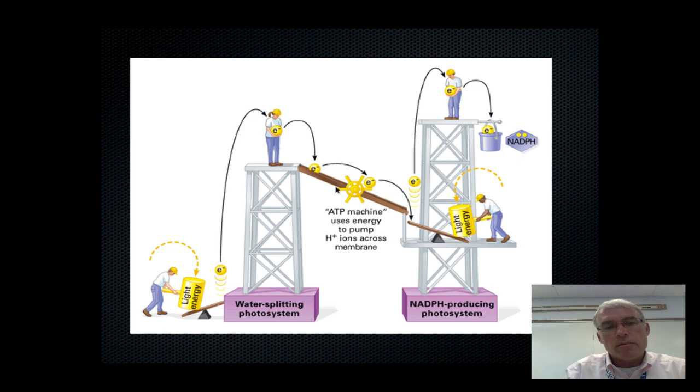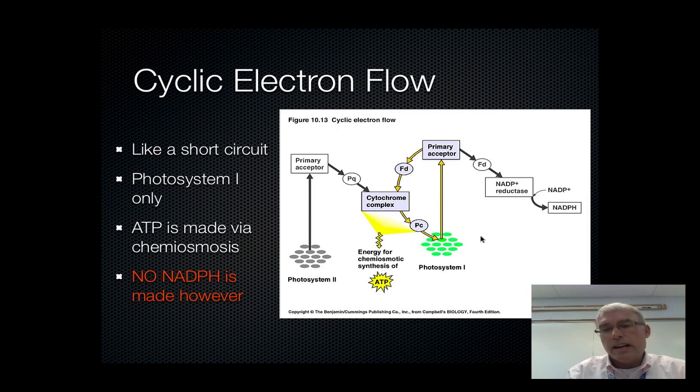That electron, remember, is coming from photosystem 2, which is getting its electrons by splitting water. These electrons then roll downhill and turn a chemiosmotic wheel, so to speak, to generate some ATP. Then they get bounced uphill again and finally end up in the NADPH bucket, which is photosystem 1, the NADPH-producing photosystem. Hope that helps. I think it's kind of a cute diagram.